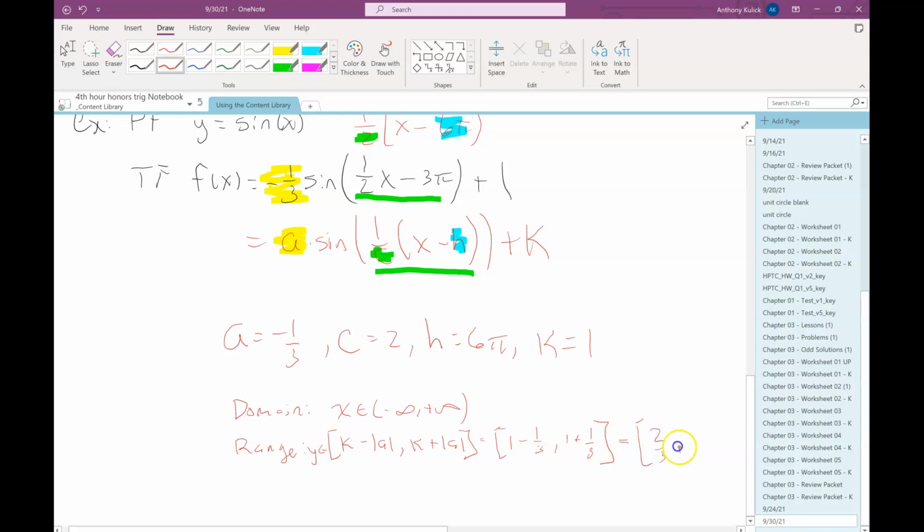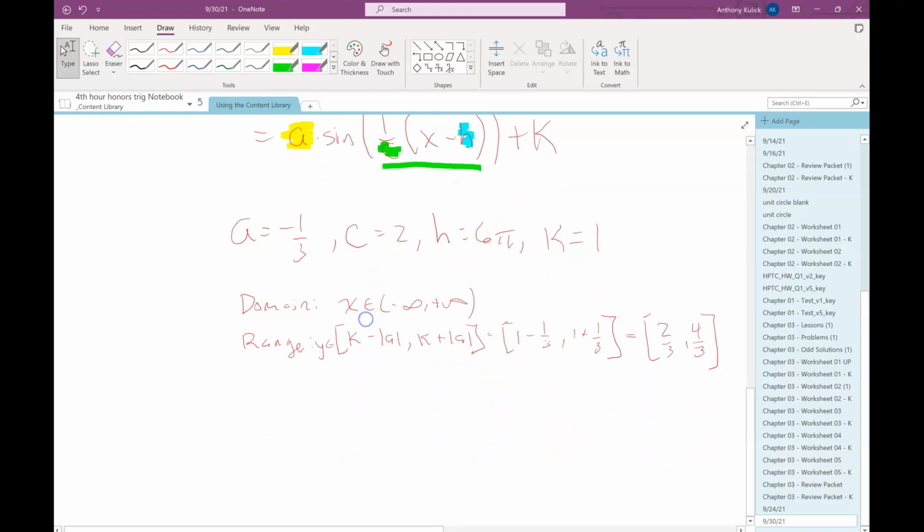So we have 2/3 to 4/3. Is everybody okay with that? What's the amplitude? 1/3, right? It's just the absolute value of a. So the absolute value of a is just 1/3.